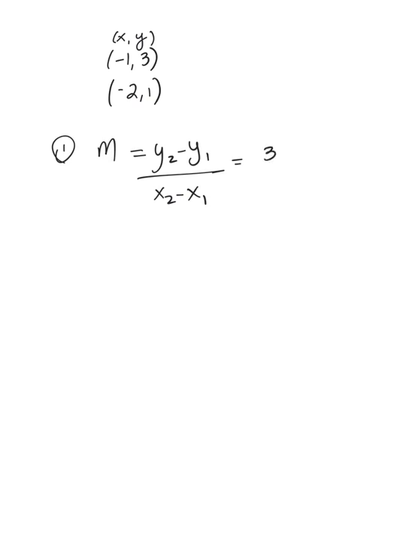So I'm going to have 3 minus 1 over -1 minus a -2. Again, do not make the negative in front of 2 that subtraction sign. You need both. And so on top, 3 minus 1 is 2, obviously.